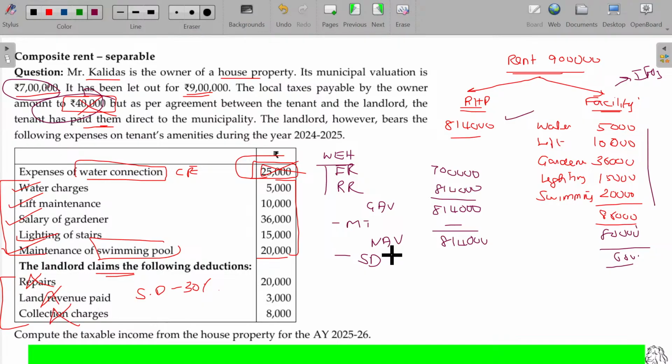Sorry, 30%. Come on: 2 lakhs 44,200. Then finally, income from house property being 5 lakhs 69,800. Clear? This is the separability concept. Clear?